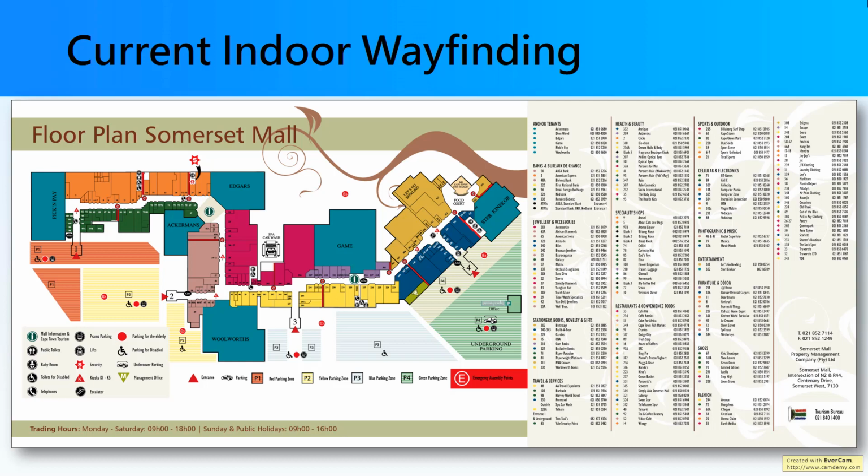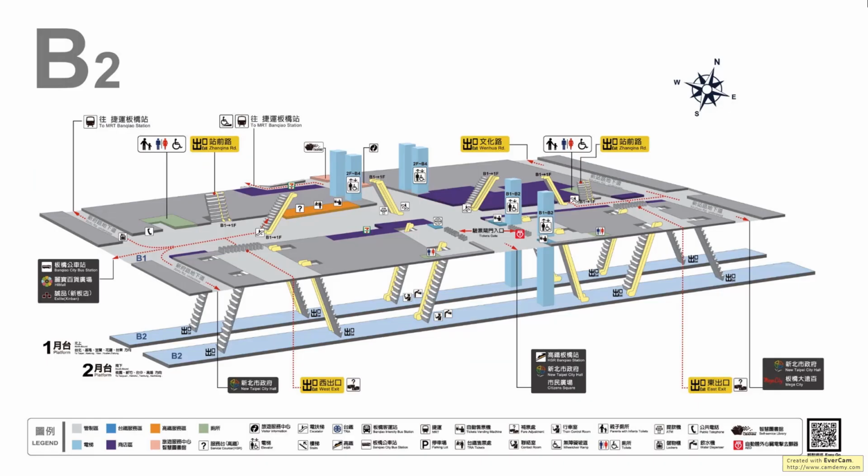That's probably because the current indoor wayfinding for human beings is still highly artificial. For example, here's the floor plan provided by a shopping mall. It gives you a map and a long list of indoor spaces. Obviously, people still need to figure out their way by themselves. Nowadays, public buildings may provide a 3D map like this.